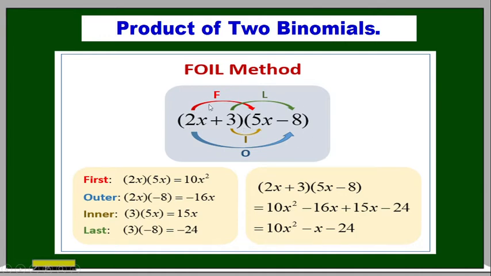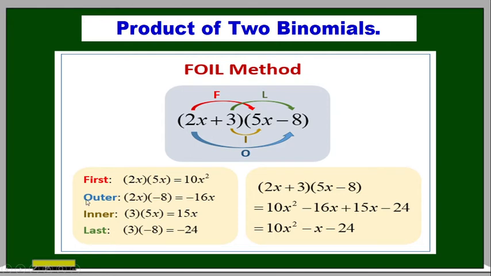You multiply the first. 2x times 5x. So we have the first. 2x times 5x is 10x squared. This is now the application of product of a power. So in x we have 1 plus 1, so we have 2. You multiply the numerical, 2 times 5 is 10.